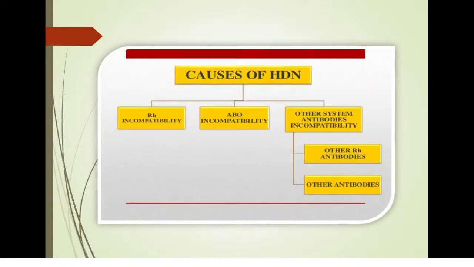Although more than 60 different red blood cell antigens are capable of eliciting an antibody response, significant disease is associated primarily with the D antigen of the rhesus group and with incompatibility of ABO factors.